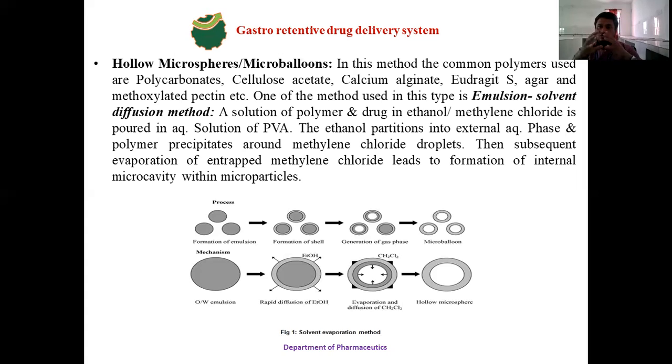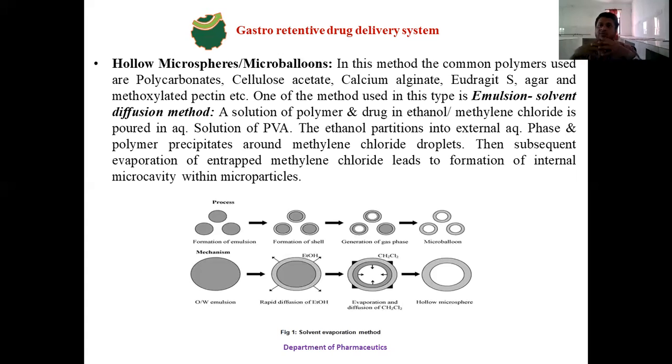One system has the ethanol and methylene chloride mixture with the drug, and the second is the polymer solution. Now if we combine these, the ethanol, as it is miscible with water, will partition into the aqueous phase. What remains is the methylene chloride, present in droplets.